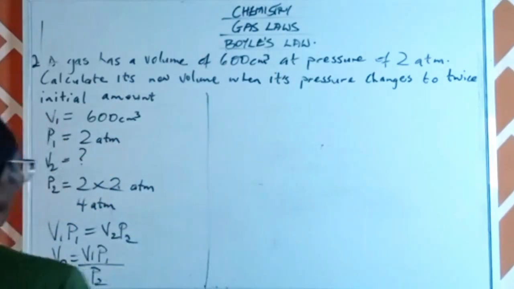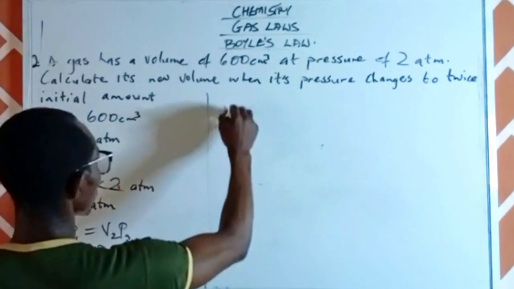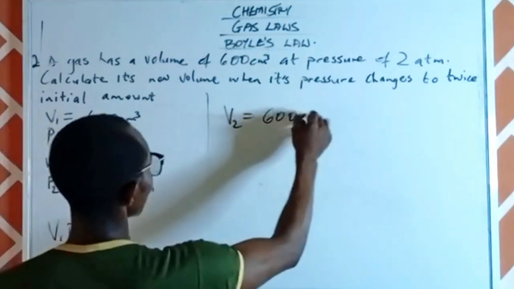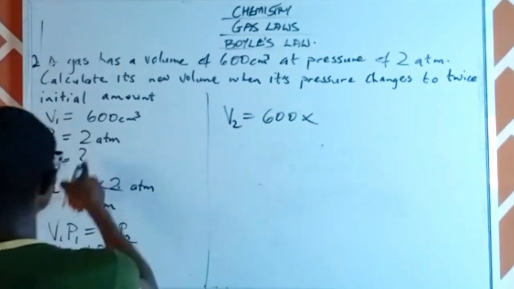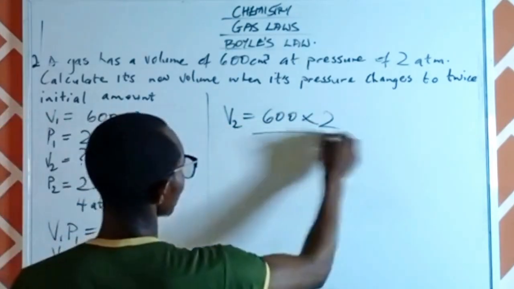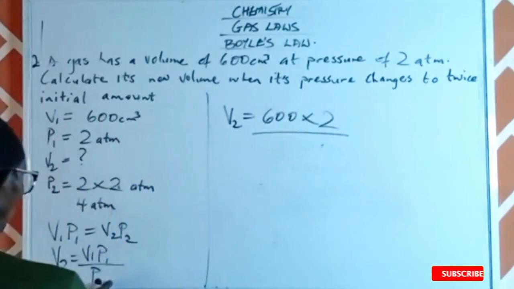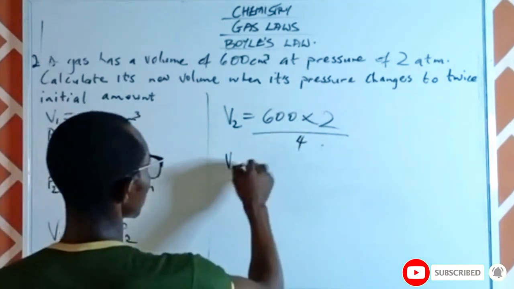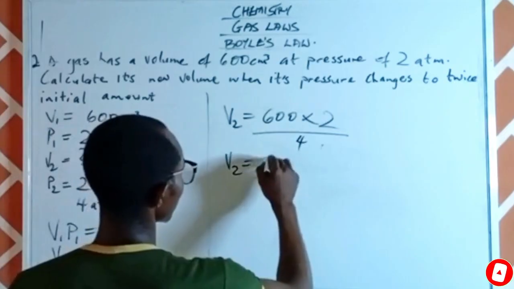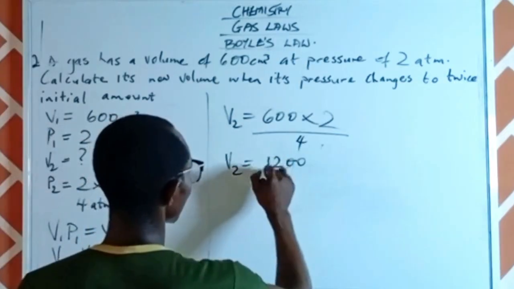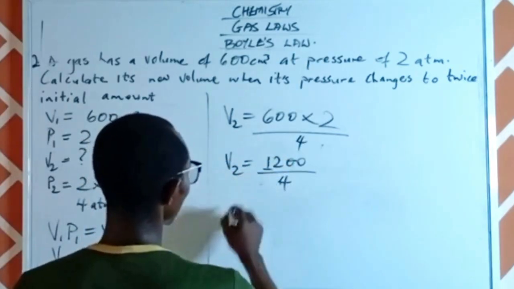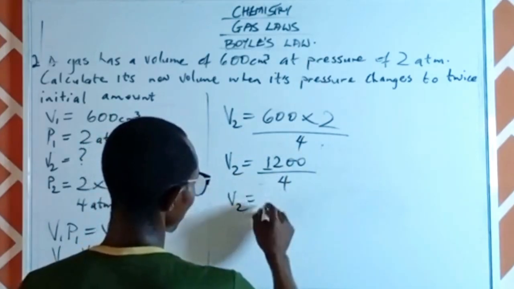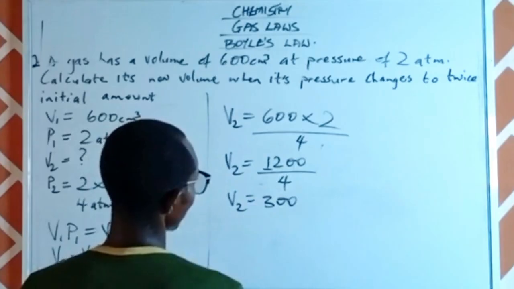Using that now, we'll be having V2 because our V1 here is 600 multiplied by our P1, which is 2, divided by our P2, which is 4. So our V2 equals 600 times 2, which gives us 1200, divided by 4. So our V2 invariably becomes 300.